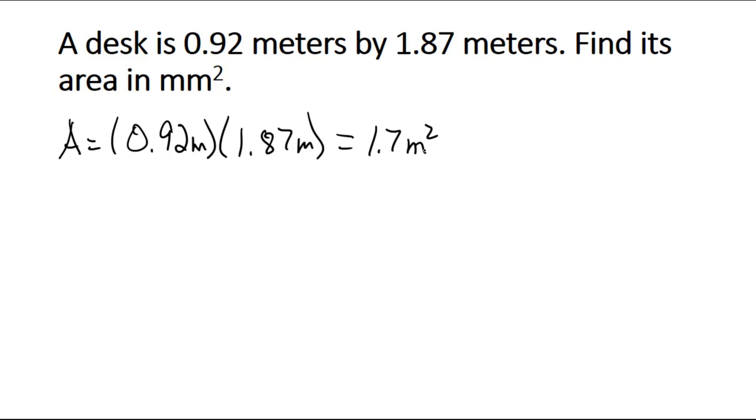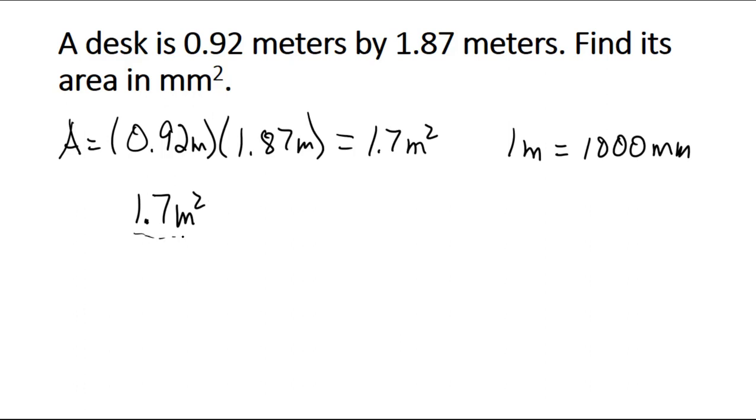To get to millimeters, we need to know that 1 meter is equal to 1,000 millimeters. And so there's our equality. We want to convert that into a conversion factor. Those two things are equal, so one of them divided by the other is 1, and I'll multiply by that. Now, in that area, I effectively have meters squared on top of a fraction.